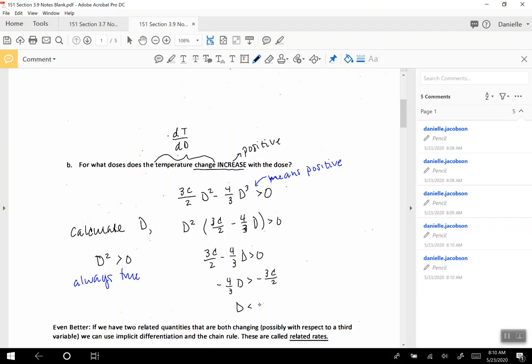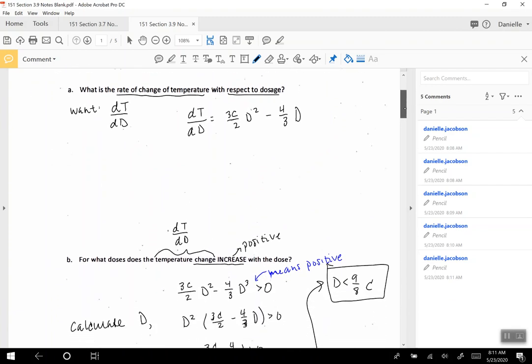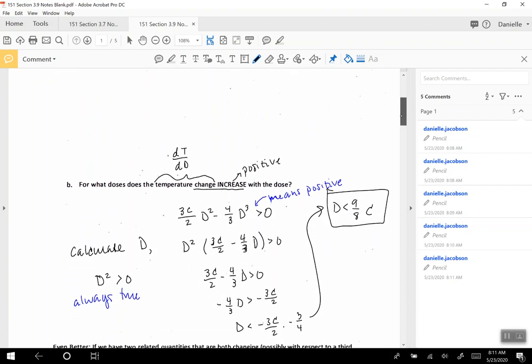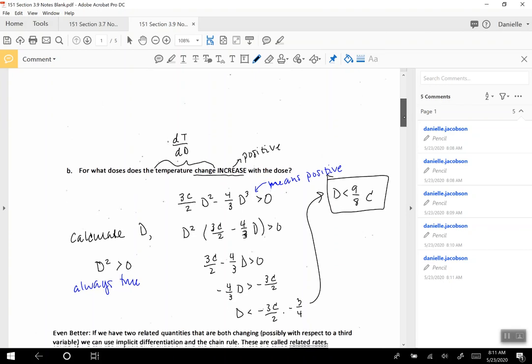So I have d being less than negative 3c over 2 times negative 3/4. All right, and sorry, this is a little messy, but coming up here, that would mean that d is less than 9/8 times c. All right, so we basically just need to make sure d, the dose, is less than 9/8 times that constant c. All right, so like I said, this one is a little bit nicer, a little bit more gentle because we only have one variable in it.